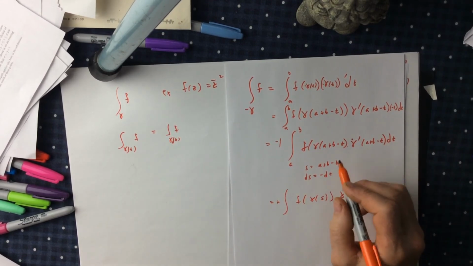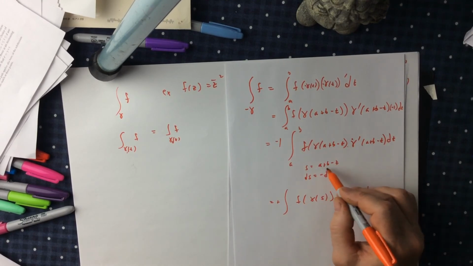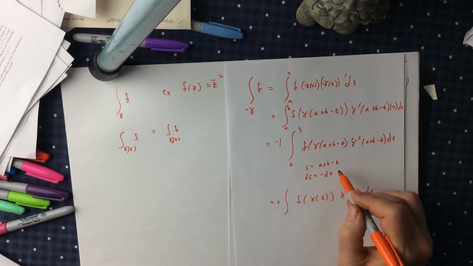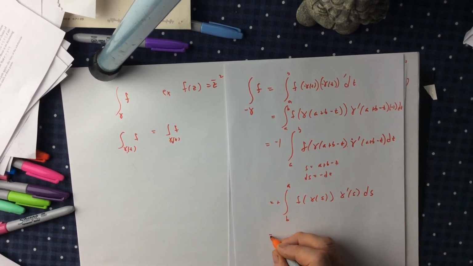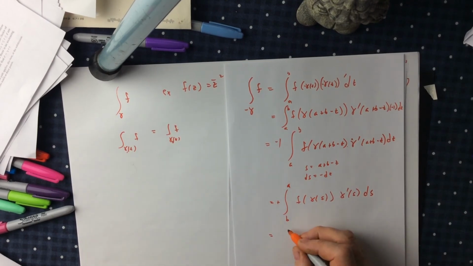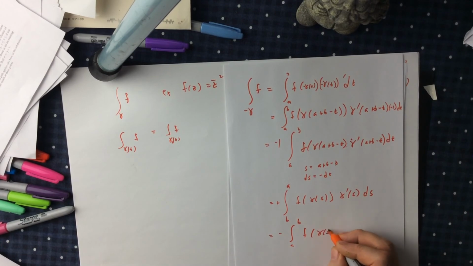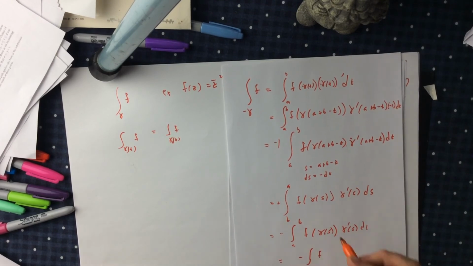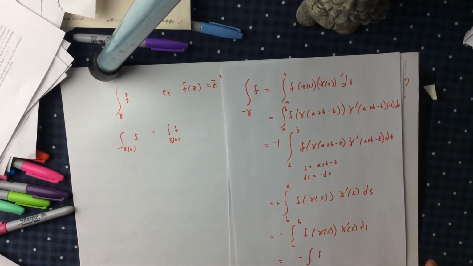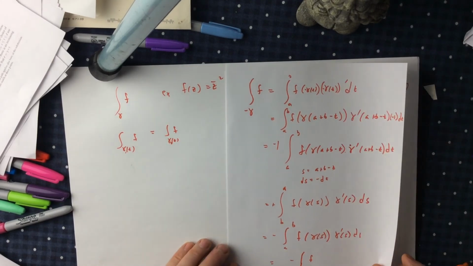But now, when it started at a before, it starts at b, because when you plug in a, you get b, and when you plug in b, you get a, so it goes in the opposite order. Oh, but that's minus, so we go from a to b of f of gamma of s, gamma prime of s ds, which is the integral over gamma of f. And so we've just produced that the integral going in the opposite direction changes the sign.